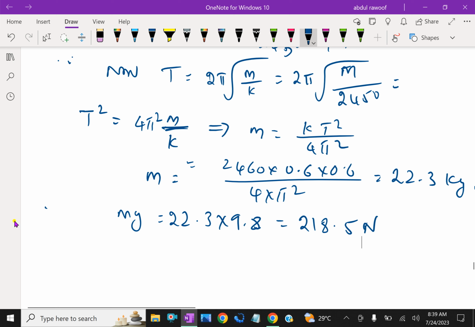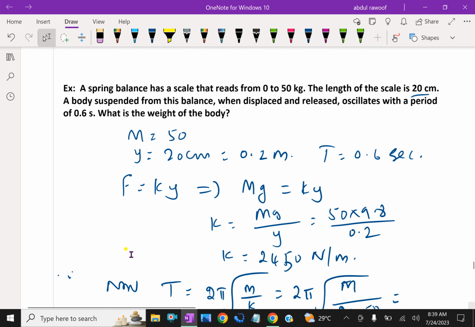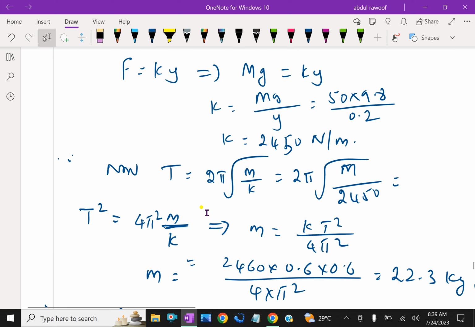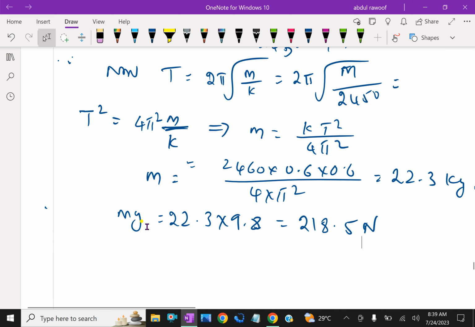That much force. That means, what is the weight of the body? Weight of the body is 218.5 Newton.